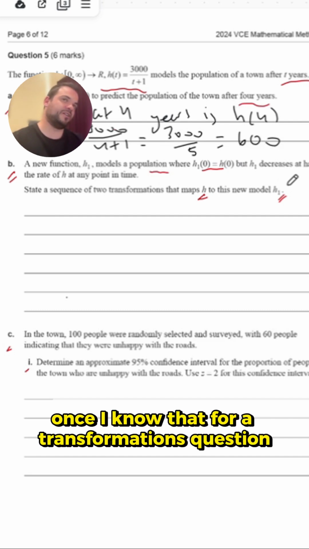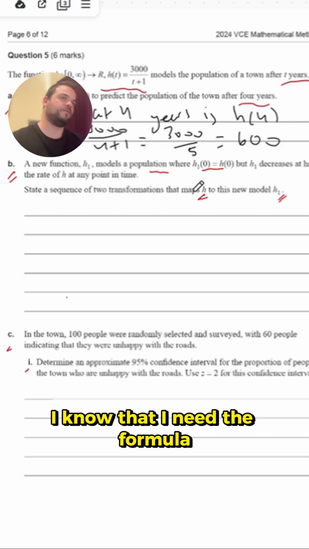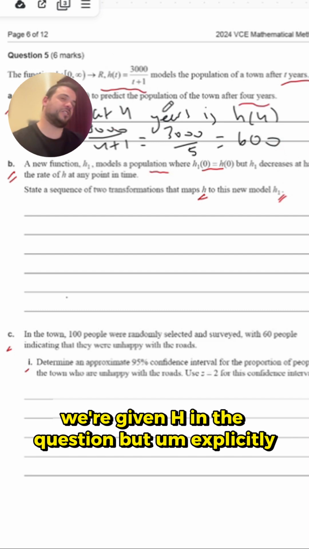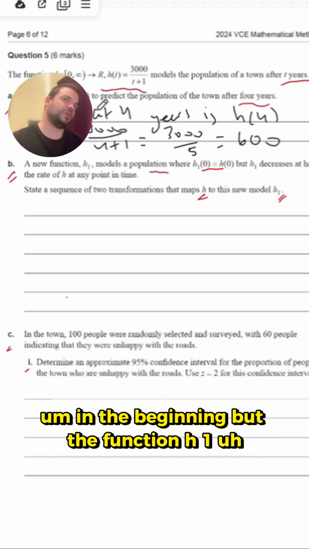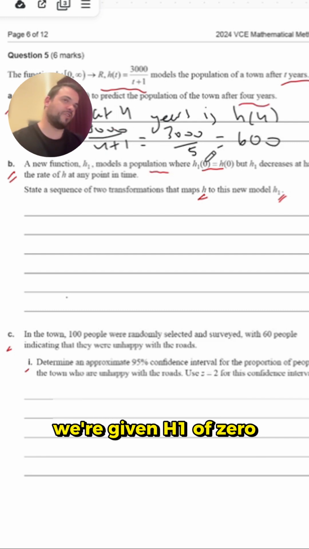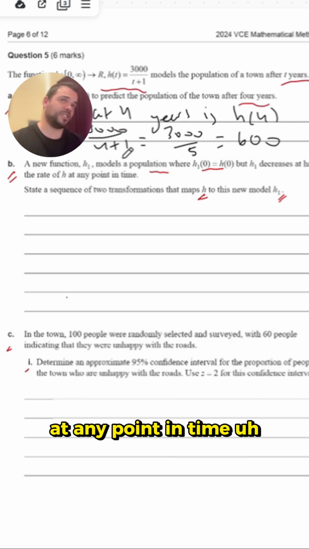Once I know that, for a transformations question, if I know my transformations theory, I know that I need the formula of the 2 functions to work out how one is mapped to the other. We're given h explicitly in the beginning, but the function h1 we're not told about explicitly. So we're given the initial population, we're given h1 of 0, but then we're told h1 decreases at half the rate of h at any point in time.